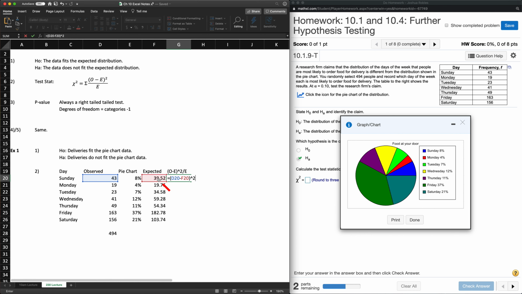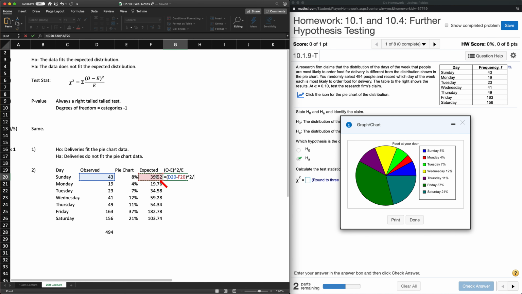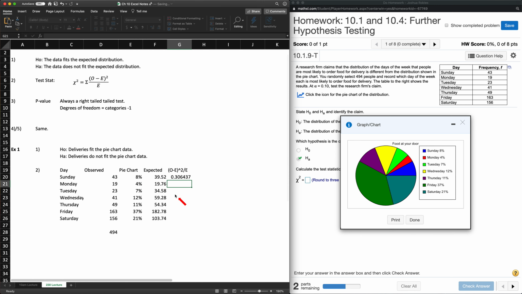Square that, and then divide by the expected. So this is the individual contribution to this chi-squared from Sunday. So we'll complete that, and then our chi-squared value is going to be adding all of those up.